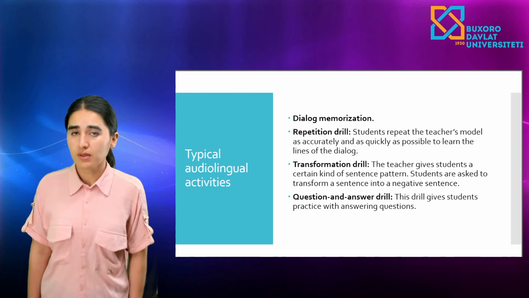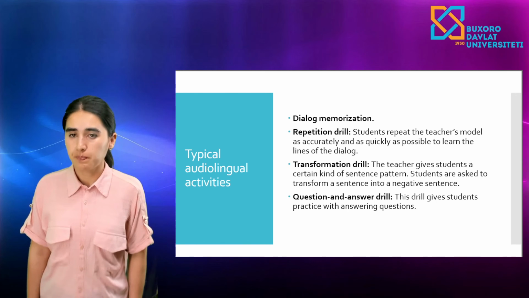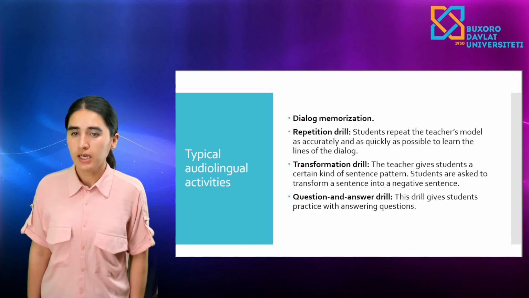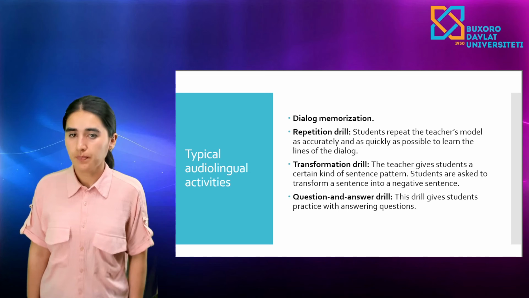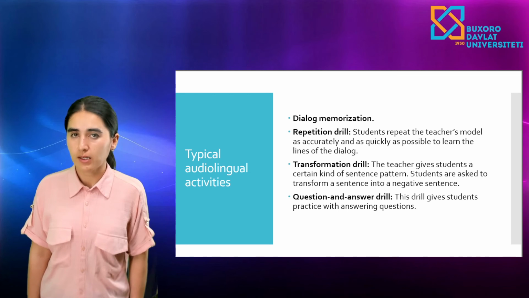And there are some typical exercises which belong to the audiolingual method. The first activity is dialogue memorization. It's very helpful for the learners to memorize the information that they are given. First is repetition drill. In this part, students repeat the teacher's model as accurately and as quickly as possible to learn the lines of the dialogue.